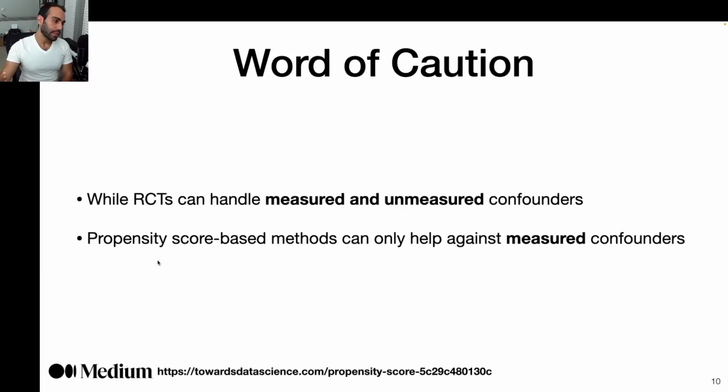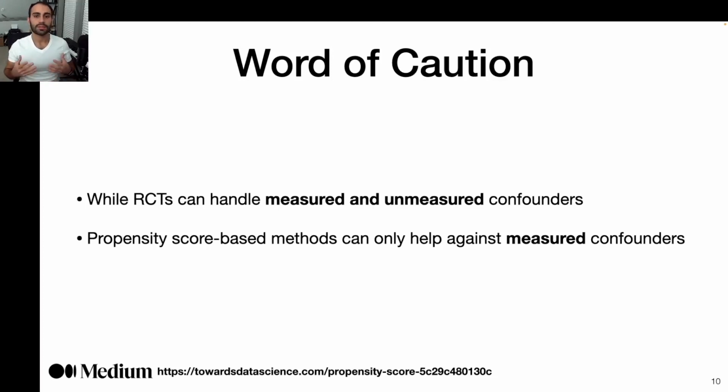But with these propensity score-based methods, we can only hope to handle measured confounders. In the example that we just ran through, we had only a single measured confounder, which was age, but there are conceivably other variables that could impact both someone's probability of going to grad school and someone's probability of making more than $50,000 a year. Things like parental income or field of study or work ethic and so on and so forth.